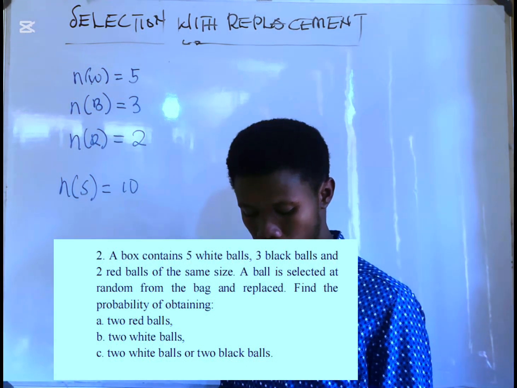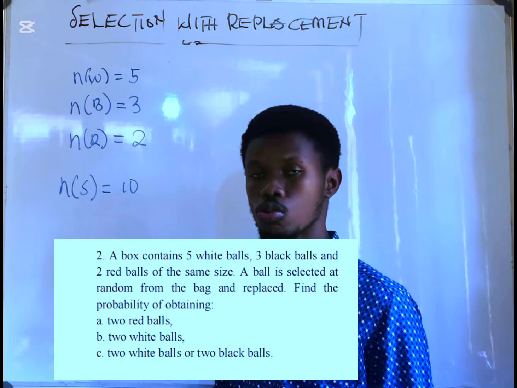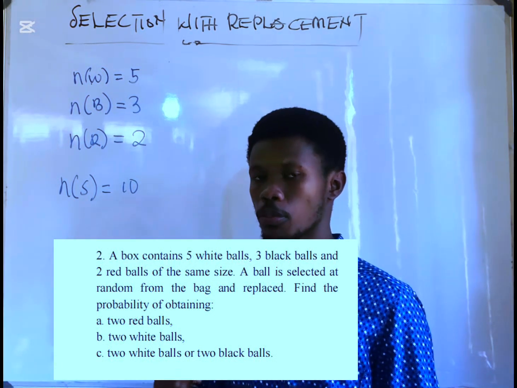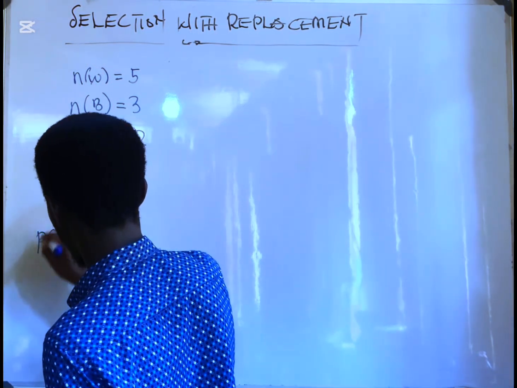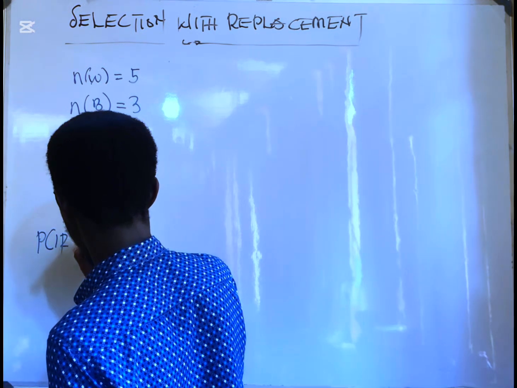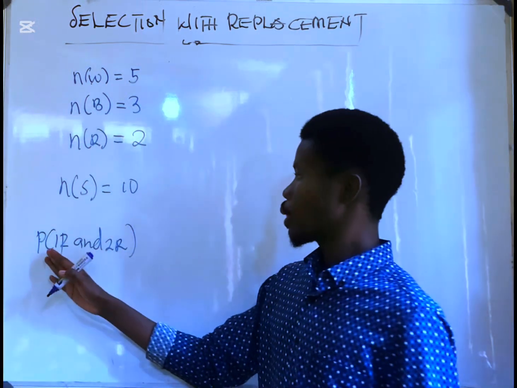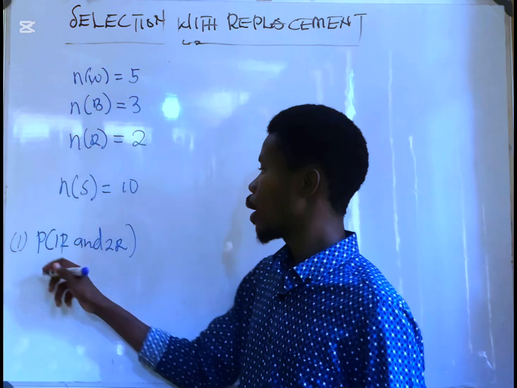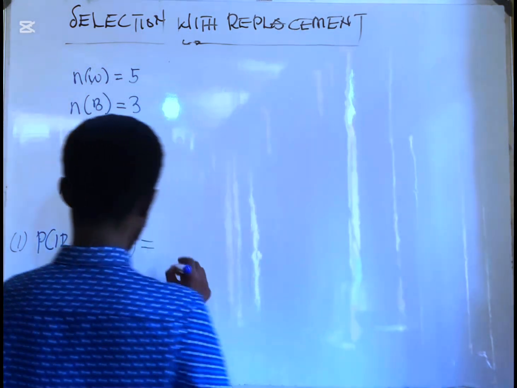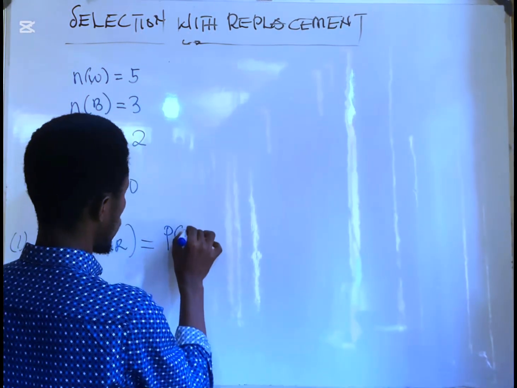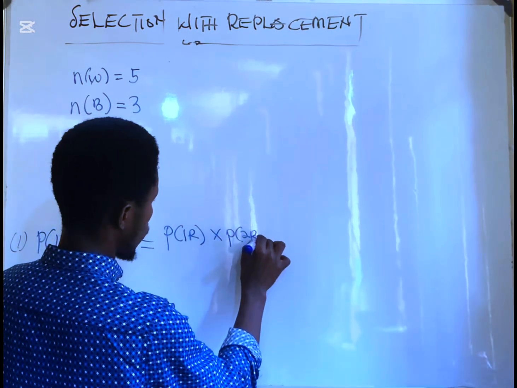Find the probability of obtaining A, 2 red balls. So the first one, you should find the probability of obtaining 2 red balls. So they want us to find probability of obtaining the first ball being red and the second ball being red. So that one, the formula becomes probability of first ball red times probability of second ball red.